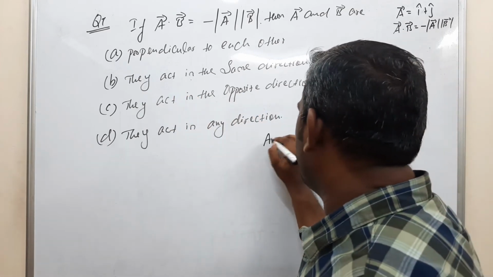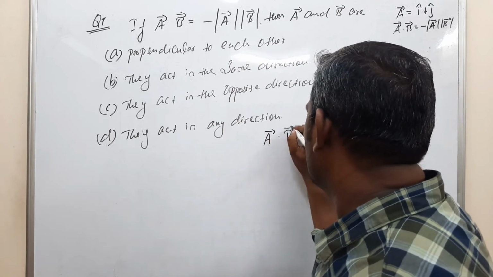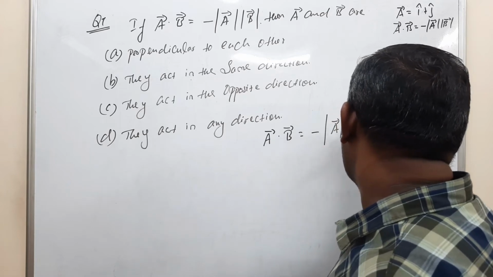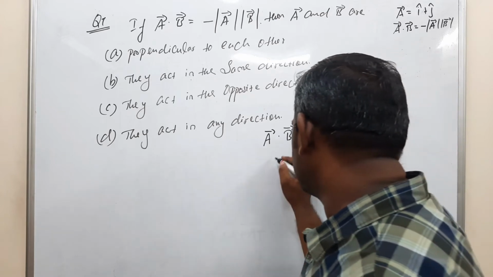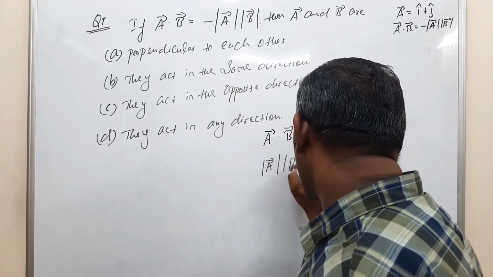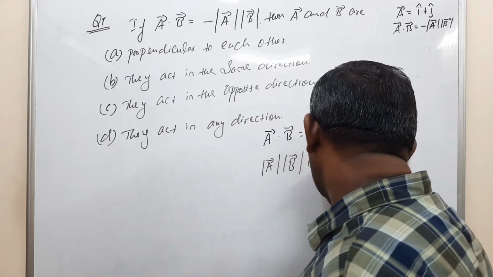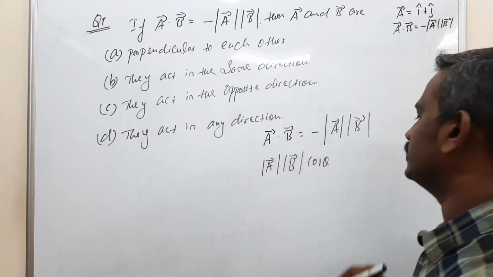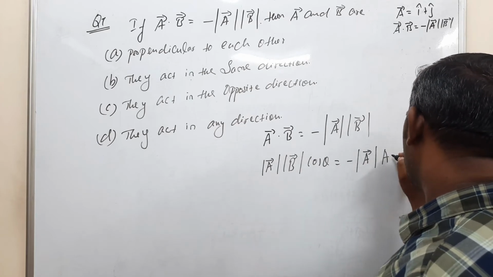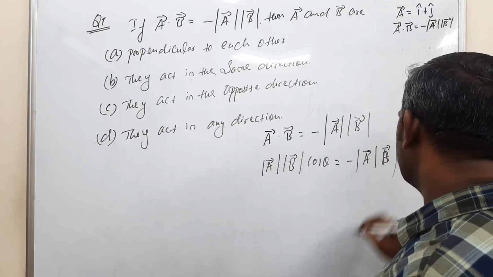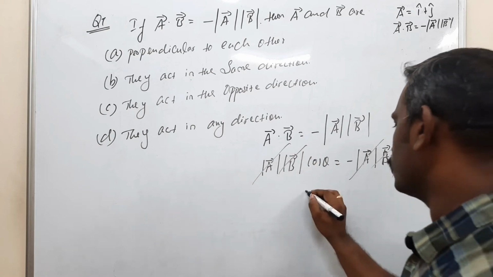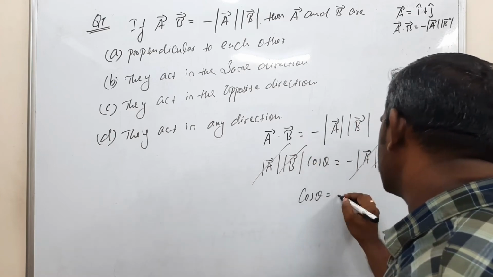A dot B is modulus of A modulus of B into cos theta, which is equal to minus mod A mod B. So mod A mod B cancel, and cos theta is equal to minus 1.